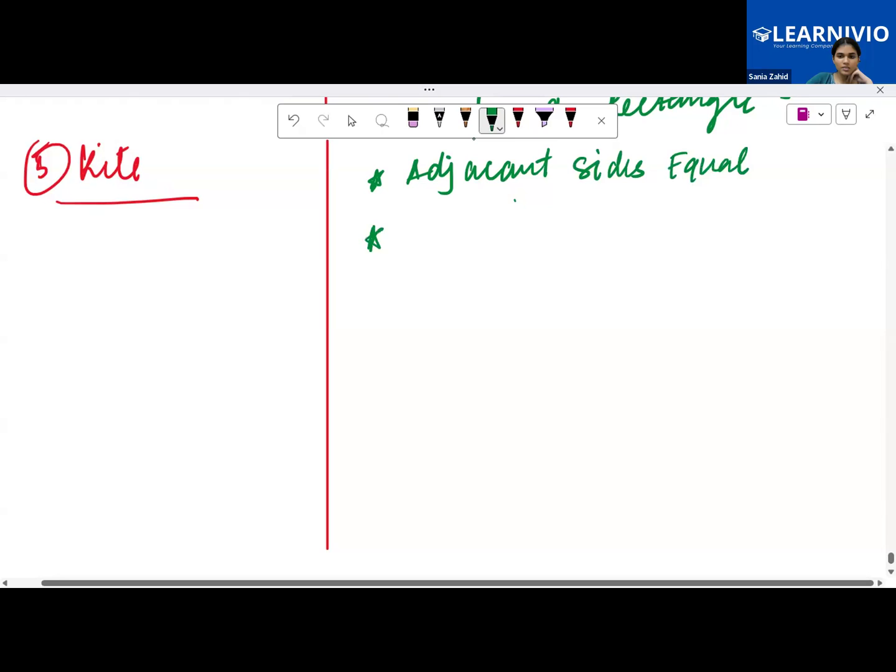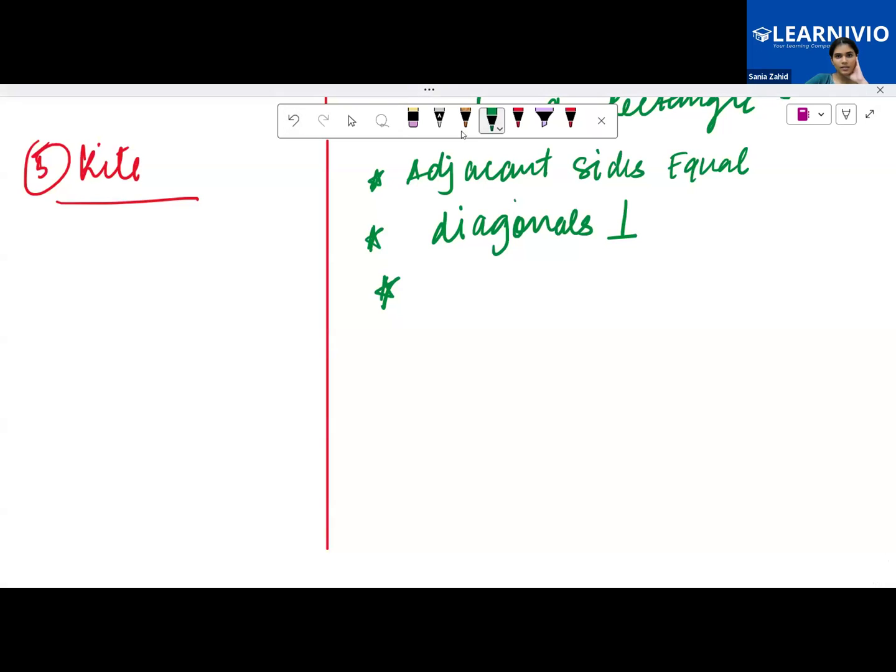What about the diagonals, Amar? Bisect each other. Okay, and are they perpendicular? So diagonals are perpendicular bisector. Yes, they are perpendicular. Perpendicular means like 90 degrees, right?